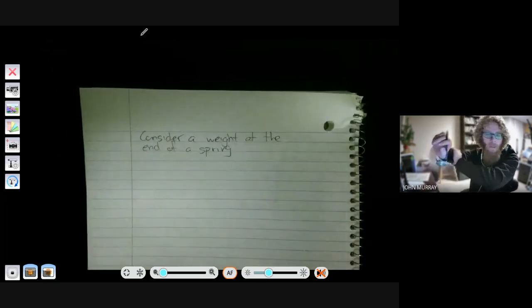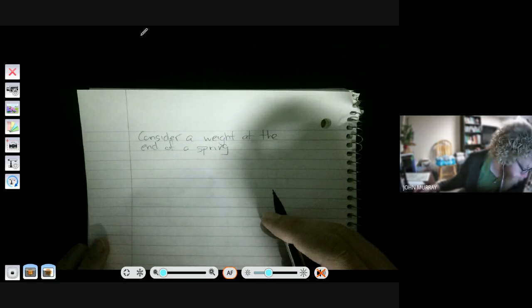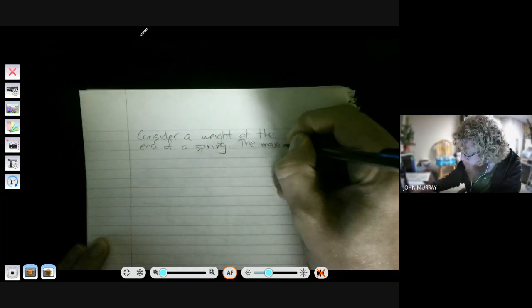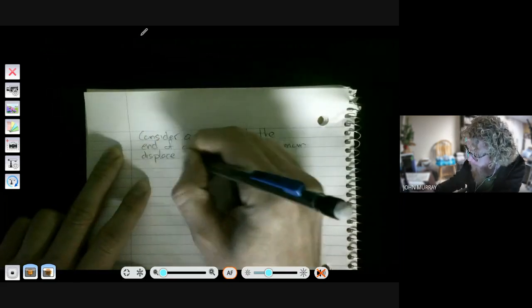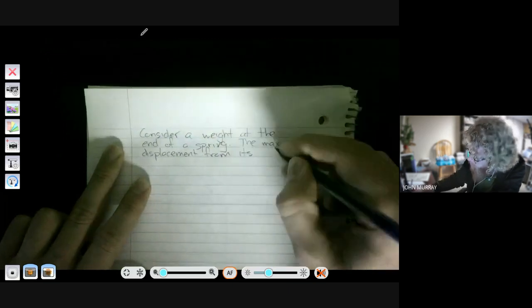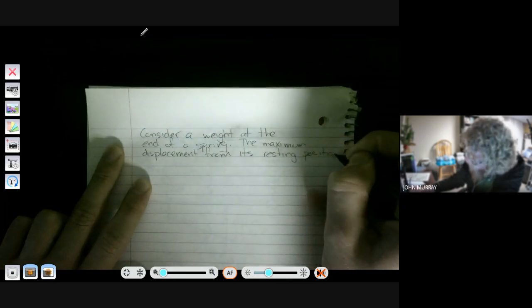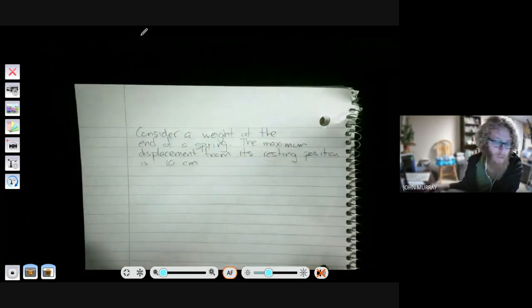All right, so it's going to be very similar to the diagram I just drew. So we have a weight at the end of a spring. I'll keep that displacement the same.